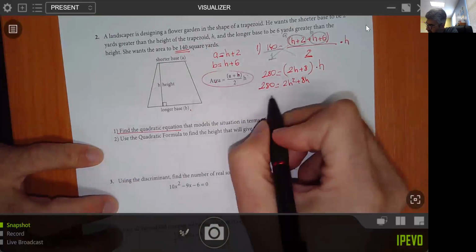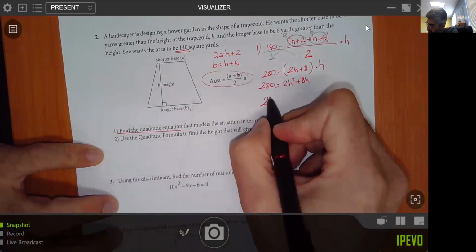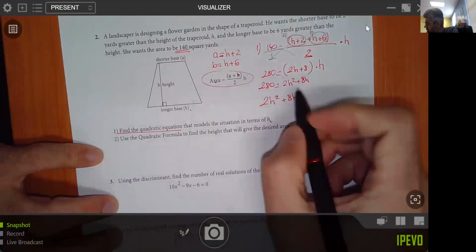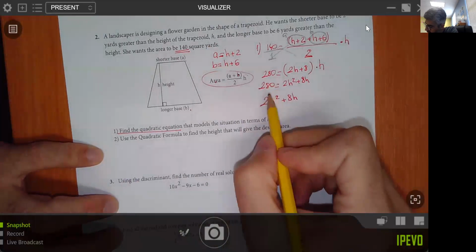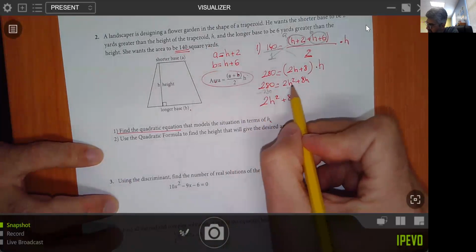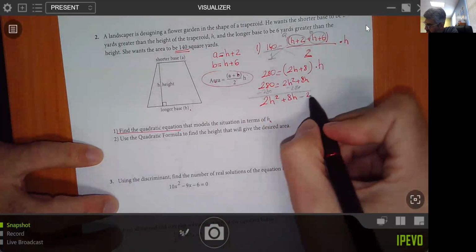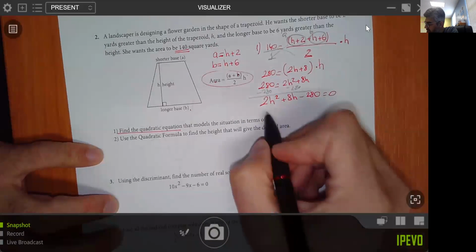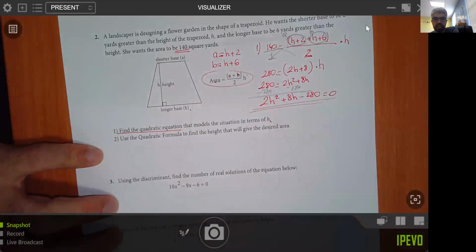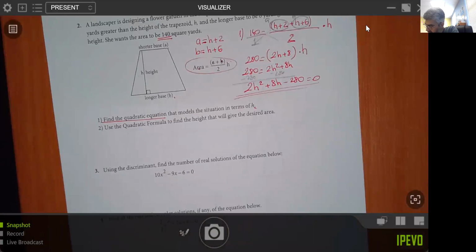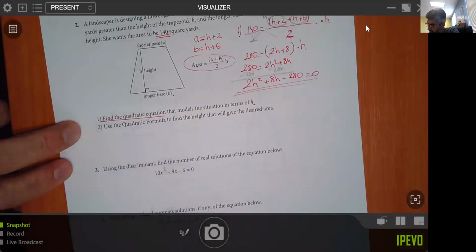So I write it in standard form, 2h squared plus 8h. So guys, if I subtract 280 from both sides, I will have minus 280 equals 0. So this is the quadratic equation. This is the answer of the first question.